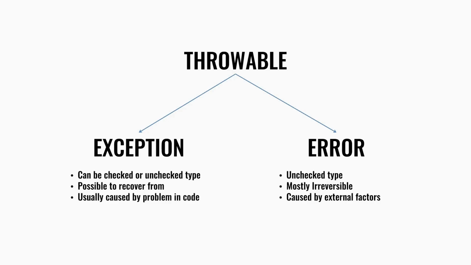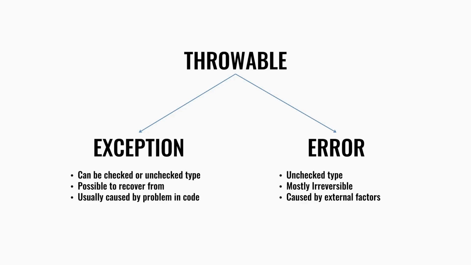Checked exceptions refer to exceptions that the compiler checks at compile time to ensure that they are either caught or declared to be thrown, and unchecked exceptions are those that originate during runtime. It's possible to recover from an exception. You can write your code to do a specific task in case an exception was encountered, whereas an error is mostly irreversible from a code perspective.